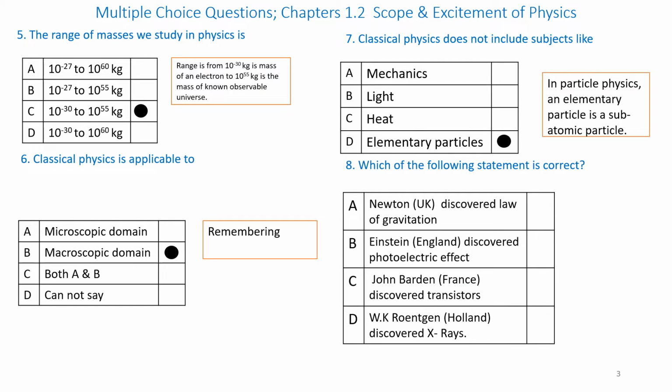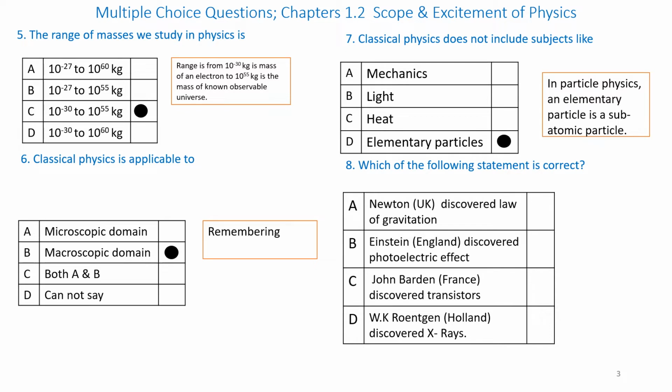Question number 8. Which of the following statements is correct? Choice A. Newton of United Kingdom discovered law of gravitation. Choice B is Einstein of England discovered photoelectric effect. Choice C is John Bardeen of France discovered transistor. Choice D is W.K. Roentgen of Holland discovered X-rays.